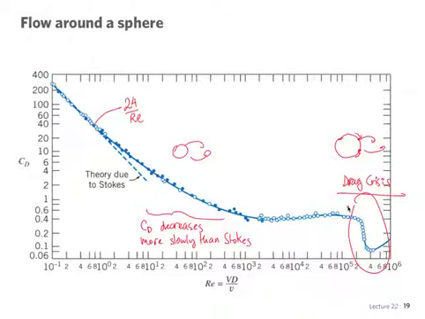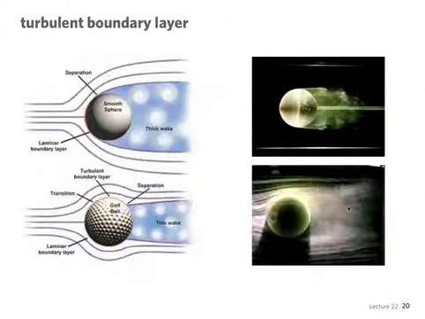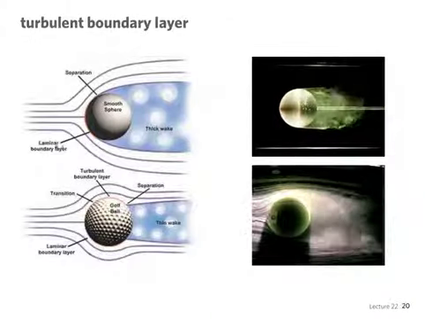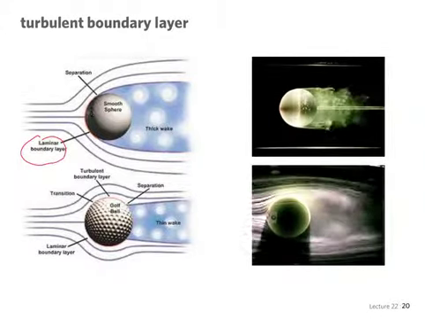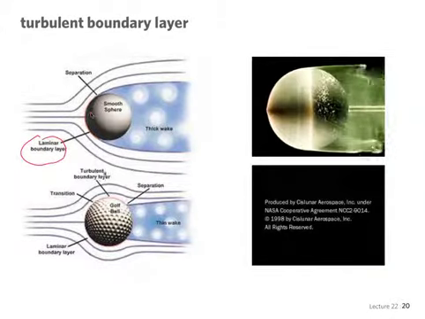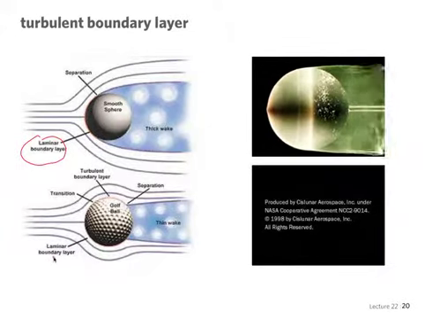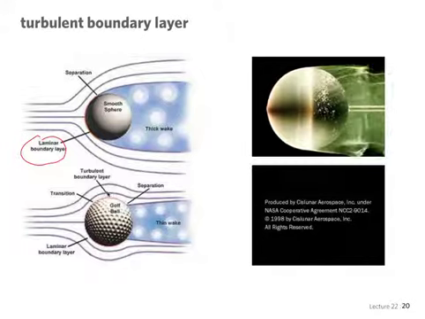If I show you the case of the golf ball, this is what you want to have. The laminar boundary layer, this is laminar, is a little bit thicker. Turbulent boundary layer, there's transition somewhere.